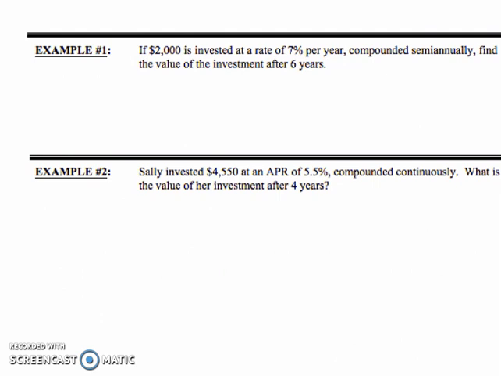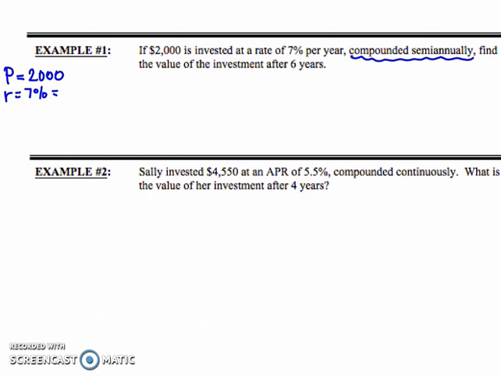It says if $2,000 is invested at a rate of 7% per year, compounded semi-annually, find the value of the investment after 6 years. So let's write down what we know. We know our principal amount is $2,000. We know that our rate is given as 7%, but in the formula we have to plug it in as a decimal.